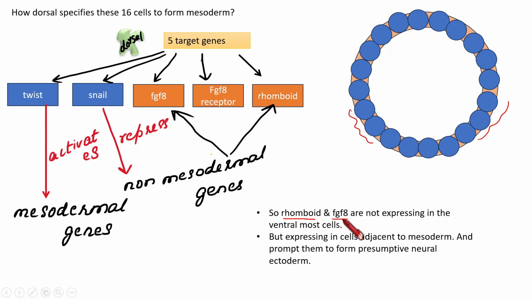And as their proteins form in these cells, what type of cell will be formed out of these cells positioned here? From here, presumptive neural ectoderm will form from the cells seen just up from the 16 ventralmost cells. Okay.